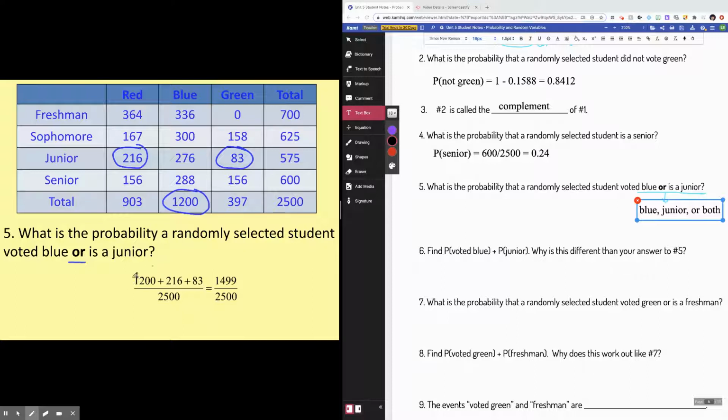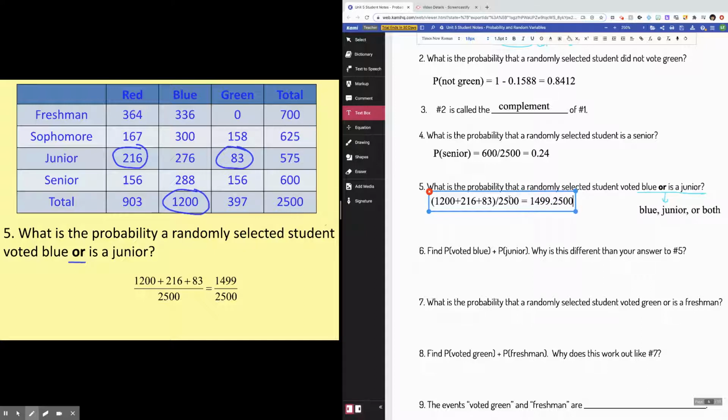So you would add all of those together and divide by the total in the two-way table. So you can do 1,200 plus 216 plus 83 and do that whole thing divided by 2,500. Okay, and what that'll give you is 1,499 over 2,500. Okay, so that's one way that you could do this.